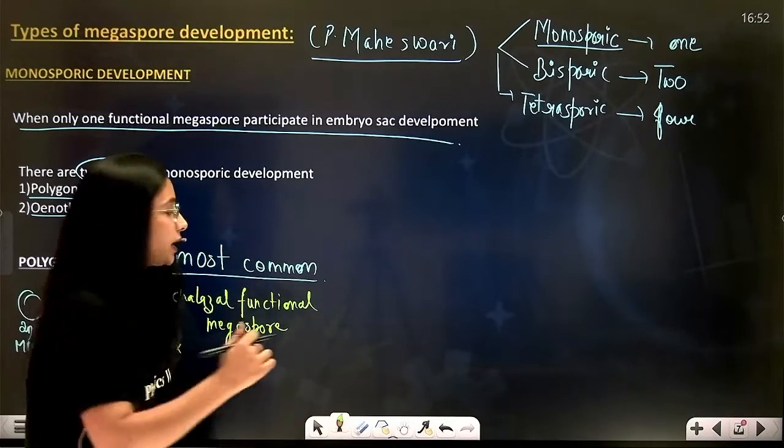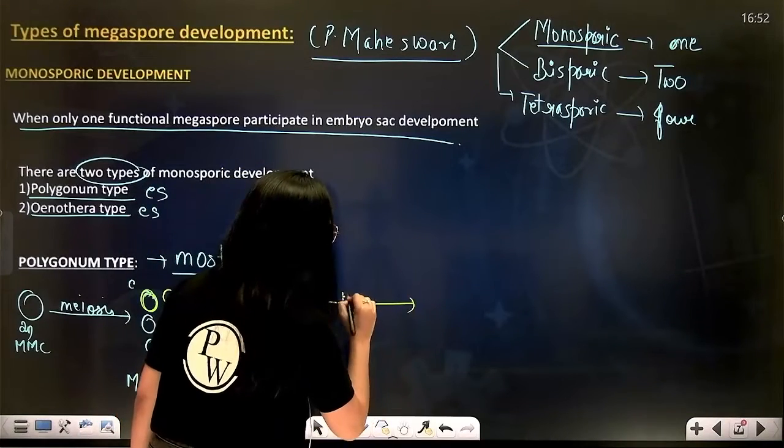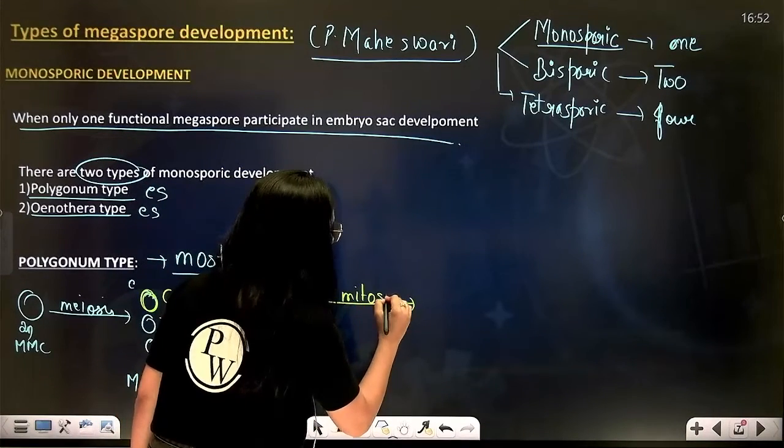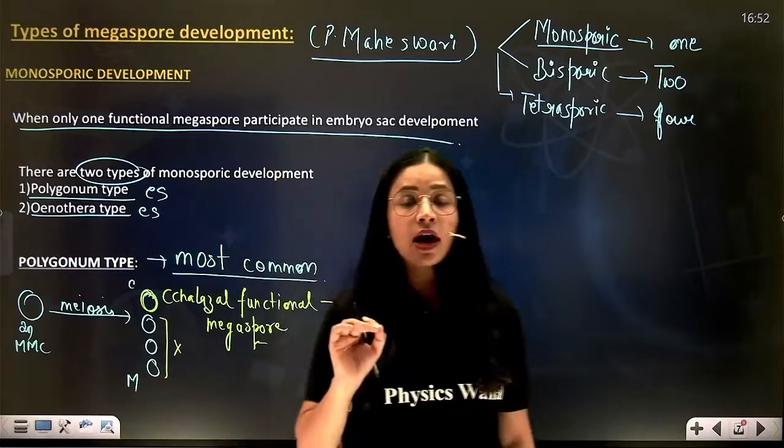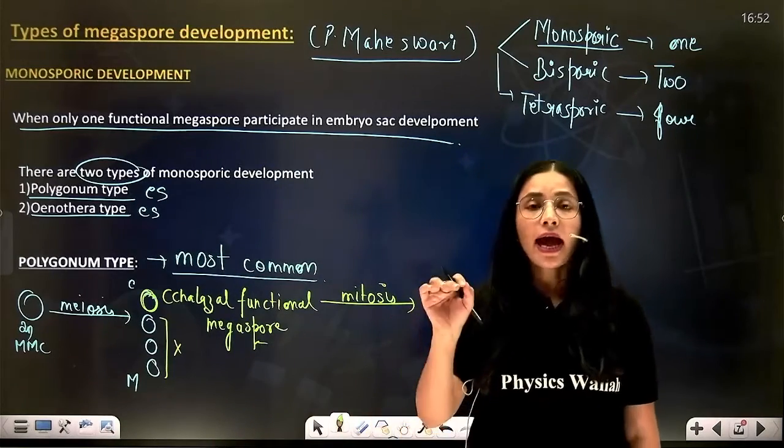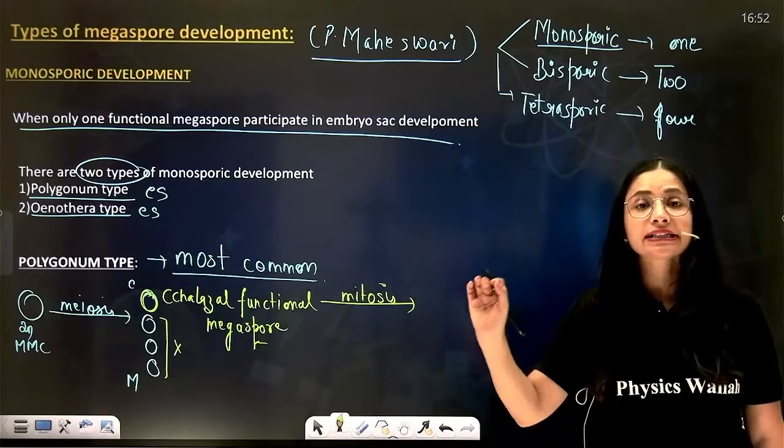Now this is going to undergo mitosis. 7 rounds of mitotic division and 3 rounds of mitotic generation.